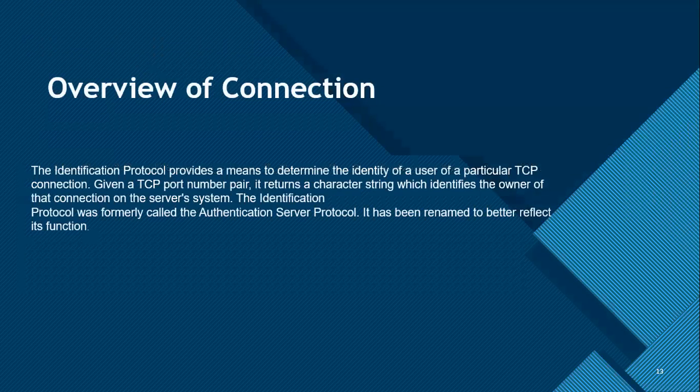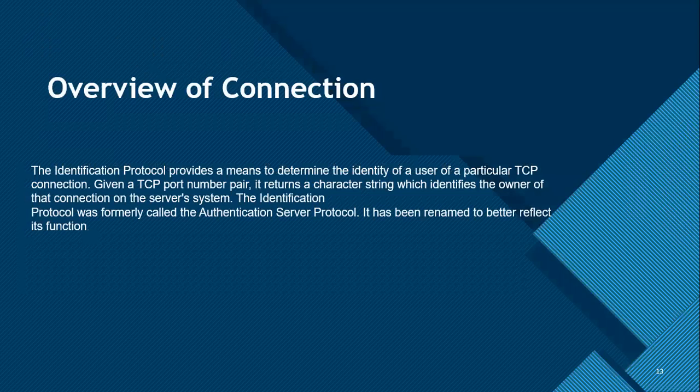Overview of connection. The identification protocol provides a means to determine the identity of a user of a particular TCP connection. Given a TCP port number pair, it returns a character string which identifies the owner of that connection on the server system. This is a connection-based application on TCP.